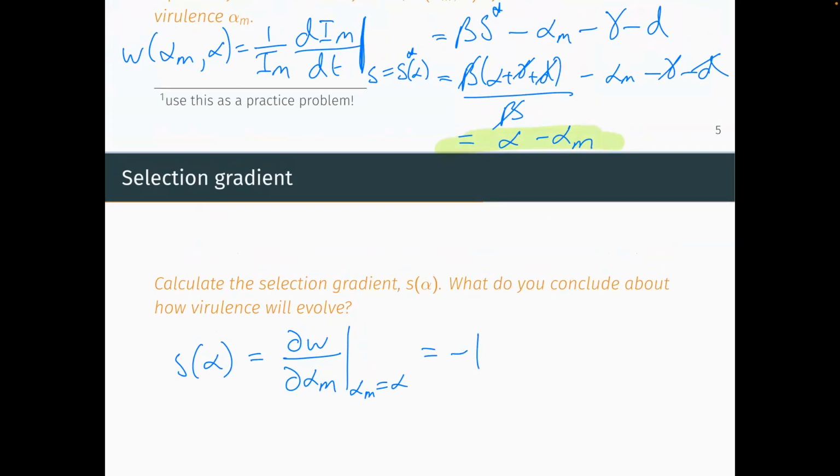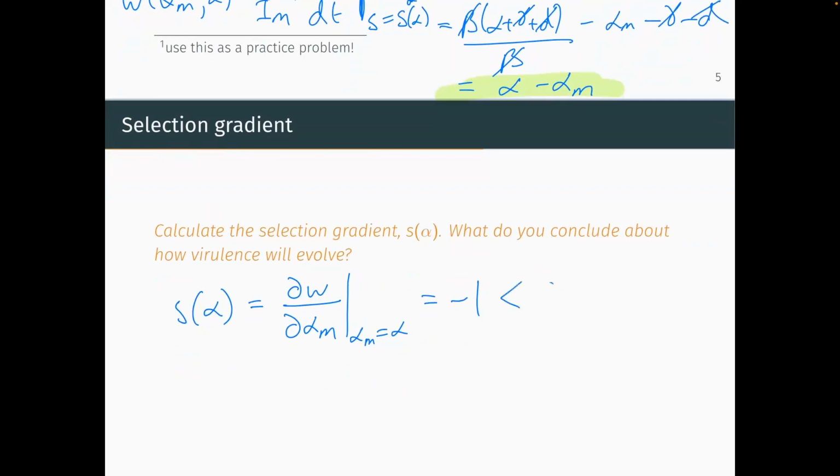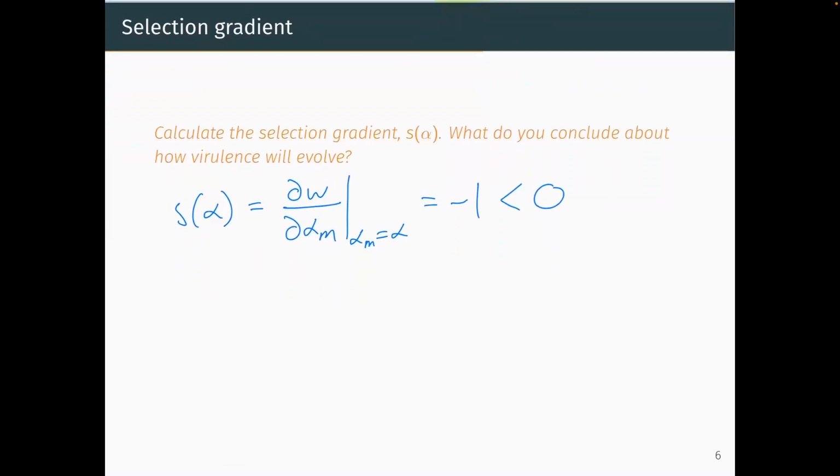And in principle, we would substitute in alpha M equal to alpha, but there aren't any alphas or alpha M's on this side anyway. So our selection gradient, regardless of our values of alpha and alpha M, is always equal to -1, and this is negative. So what does this mean? How would you interpret this in terms of what's going to happen to the evolution of virulence in this model? Our selection gradient is always negative.